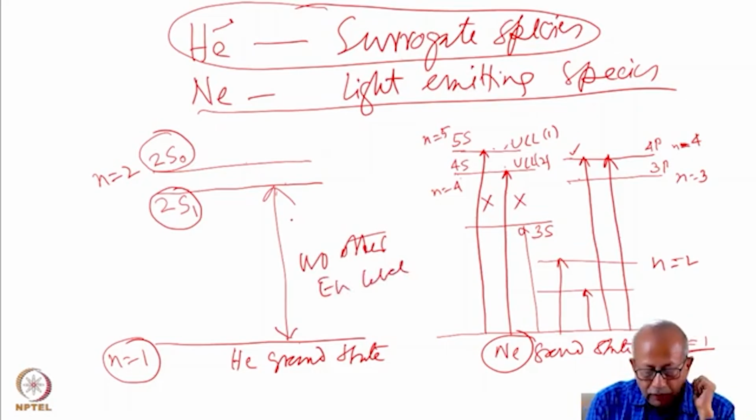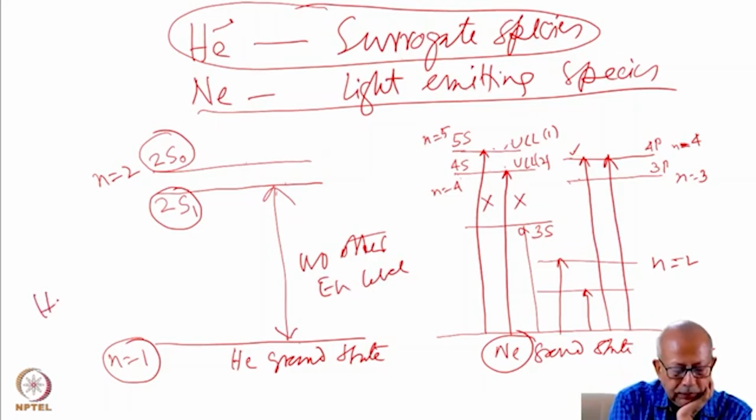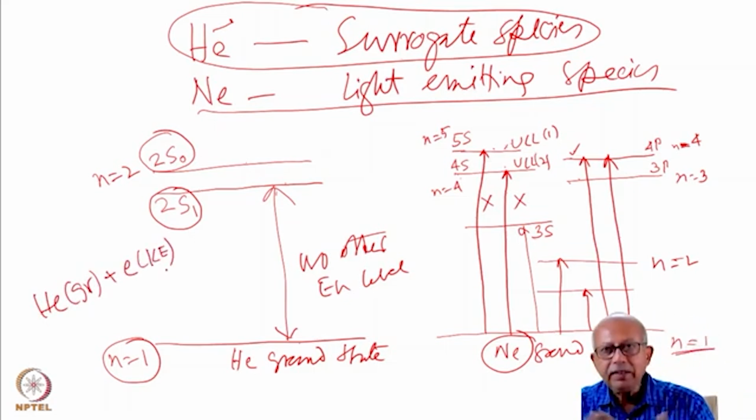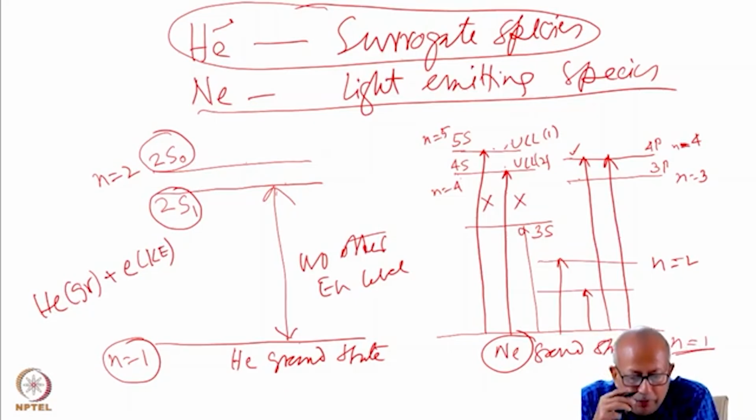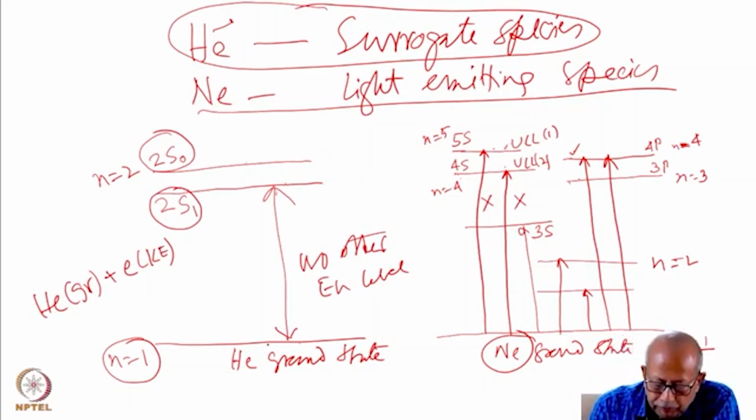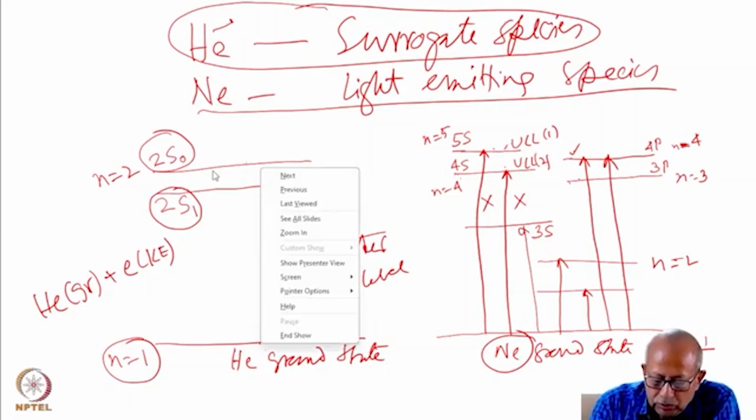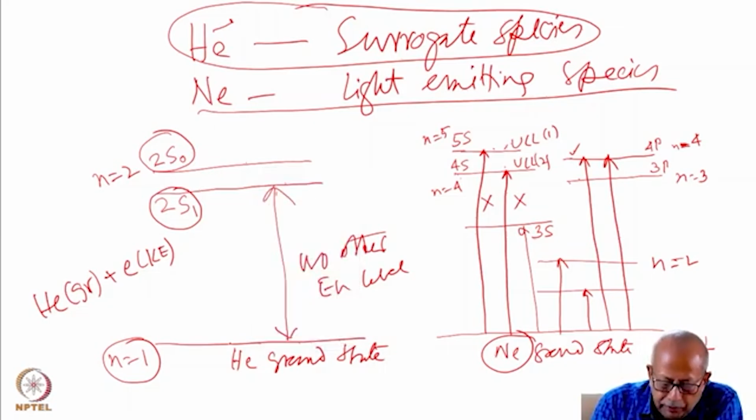So now if a helium atom in the ground state collides with an electron of varying kinetic energy, then invariably the helium atom from the ground state will be transferred to either this or this.